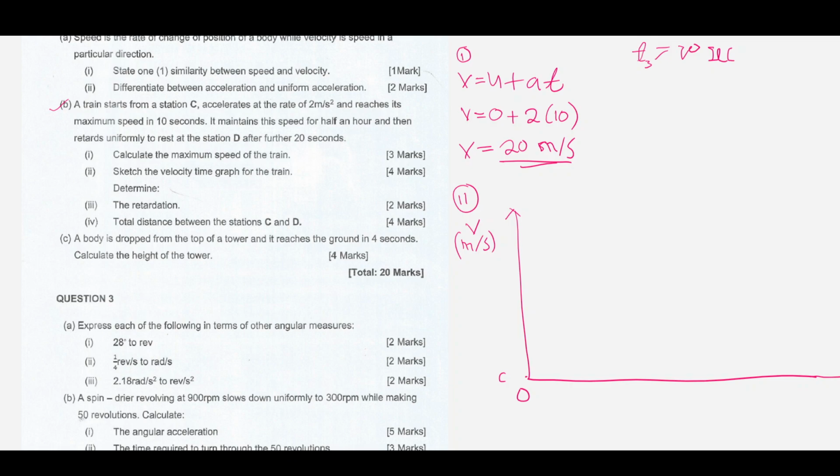Started from station C, accelerates at the rate of 2 meters per square second and reaches its maximum speed in 10 seconds. So here, let's have our 10 seconds. So 10, and this is when the train will also reach its maximum speed. So the maximum speed, which we now know to be 20 meters per second.